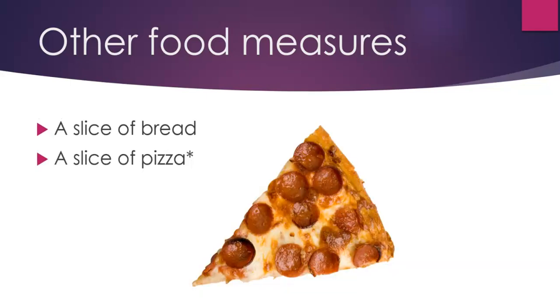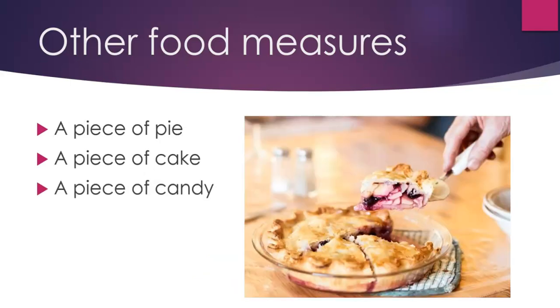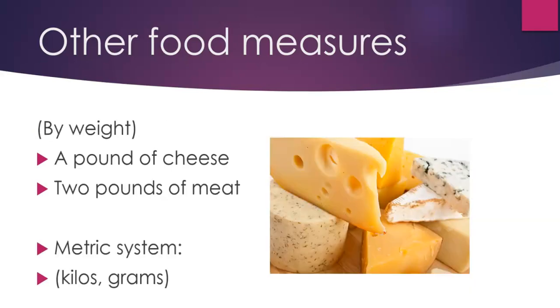a slice of bread, a slice of pizza. We can also say a piece of pizza, a piece of pie, a piece of cake, a piece of candy. By weight, we can say a pound of cheese or 2 pounds of meat.